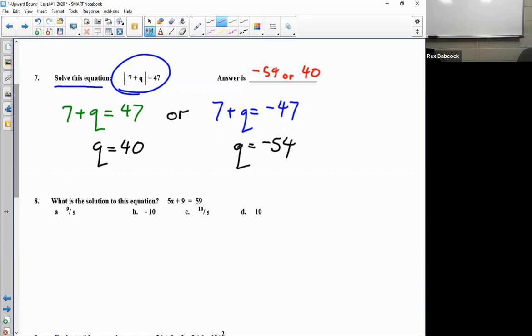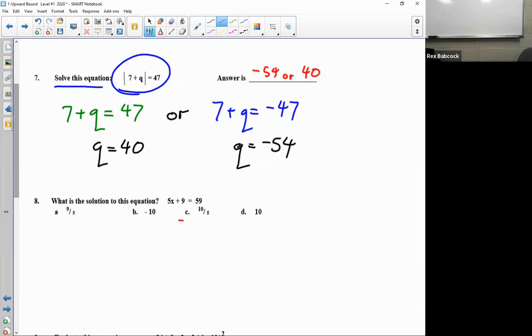Number 8, do that. Doesn't have an absolute value, so I bet there's only one answer, and it is multiple choice. Have your answer?